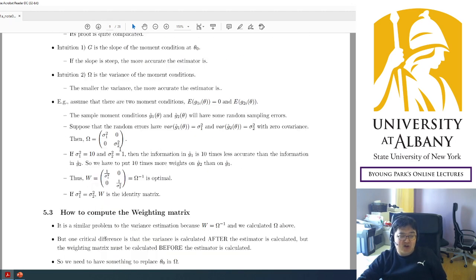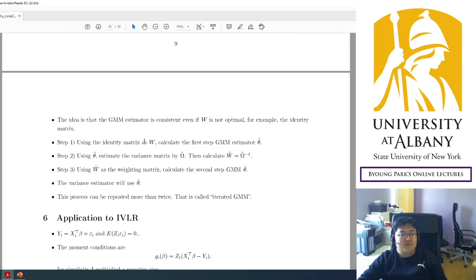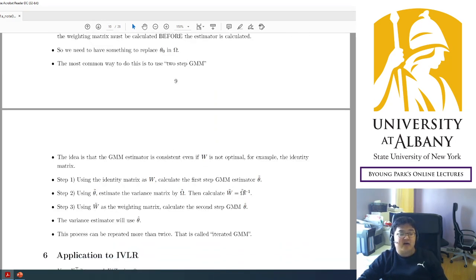In the literature, there are some extensions of this, where you can do it more than twice. We start from the identity matrix, estimate theta, and from that theta estimate the weighting matrix. From the weighting matrix, estimate theta again, and then again and again. It is called iterated GMM or continuously updated GMM, something like that.